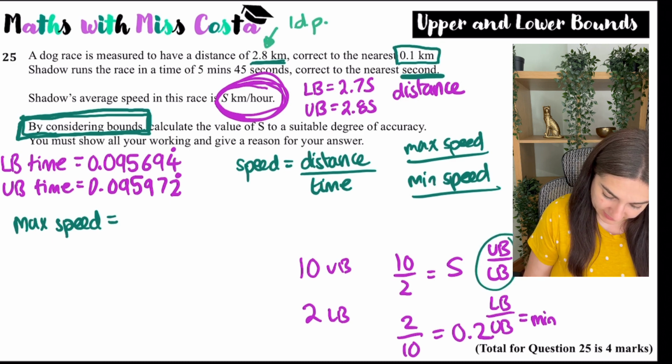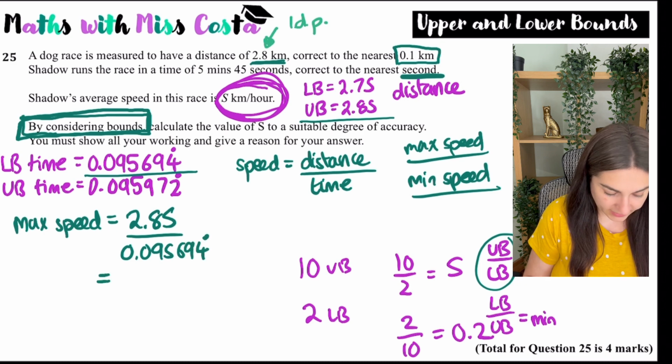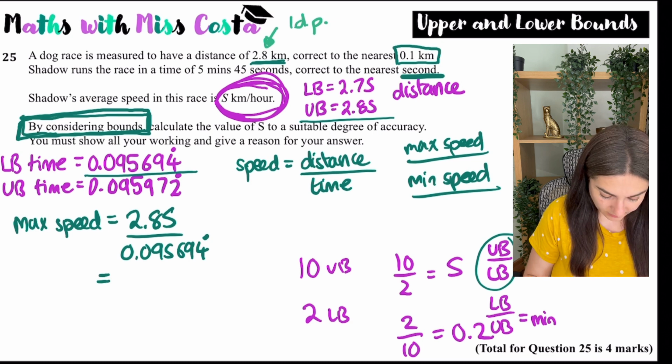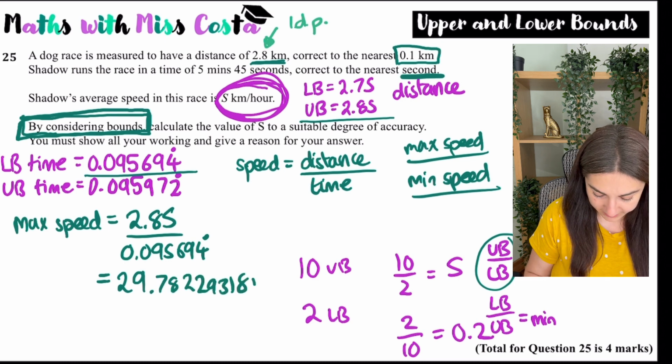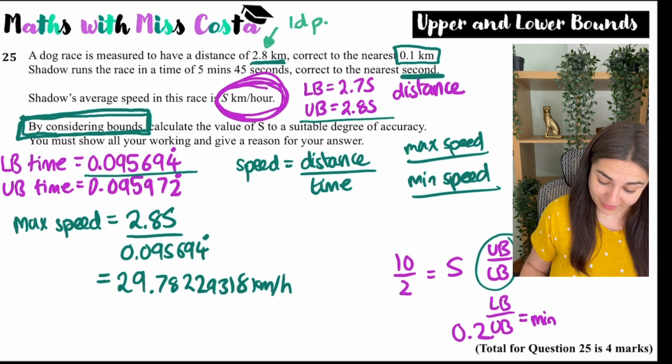So upper bound of distance is 2.85 divided by lower bound of time, which is 0.095694. 2.85 divided by 0.095694 is 29.78229318 kilometers per hour, which is pretty fast. Cocker Spaniels are very fast and amazing creatures.